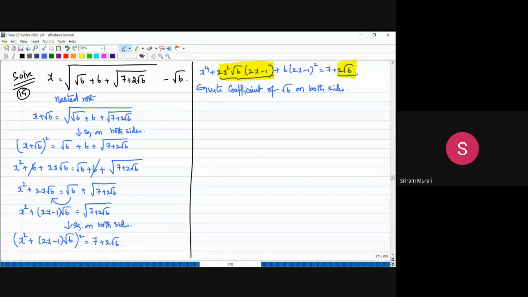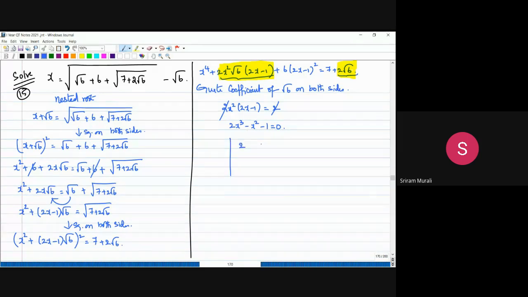So what do you get? It is 2x square into 2x minus 1 is equal to 2. So 2 gets cancelled. It is 2x cube minus x square minus 1 is equal to 0. It's a third degree equation. A third degree equation has got three roots. What are they?